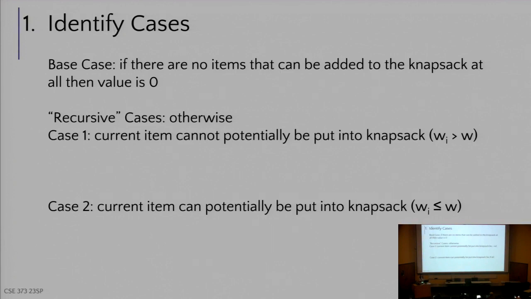Then in the recursive case, there are two situations. Imagine that we have a set of objects that we can add to the knapsack, and we know that the max value using some subset of these items is some value. So we know the answer to this problem, and we want to add this other item into this set.